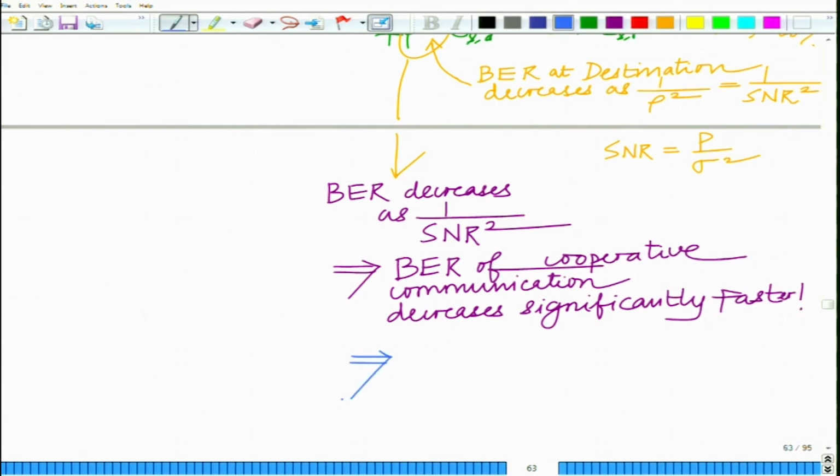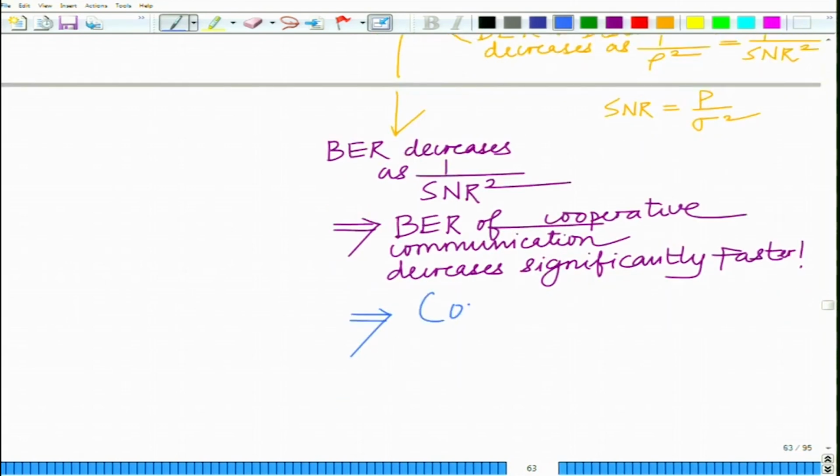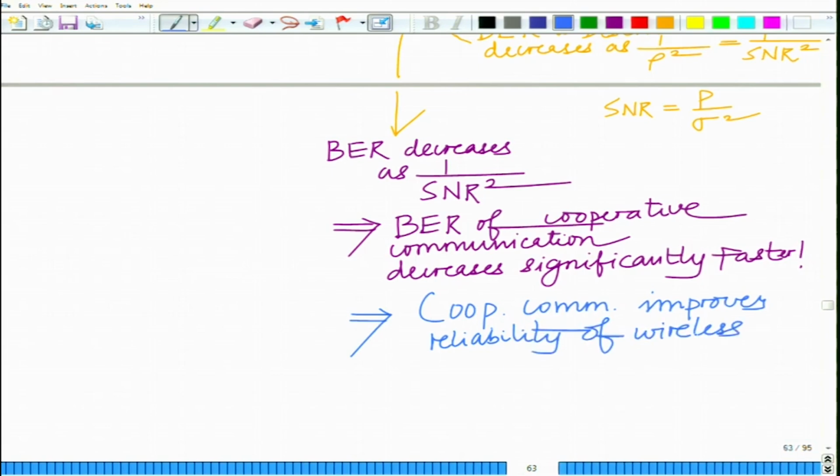This implies cooperative communication improves the reliability of a wireless system. So, this significantly improves the reliability of the wireless system.